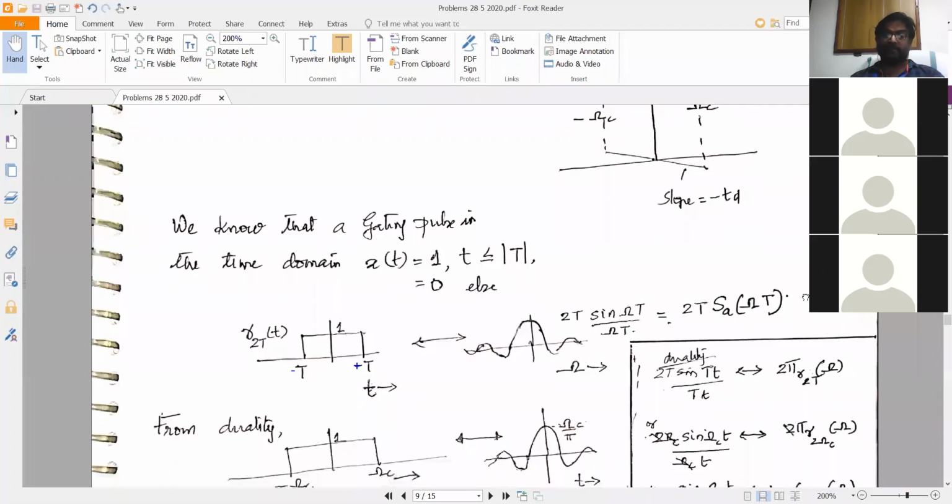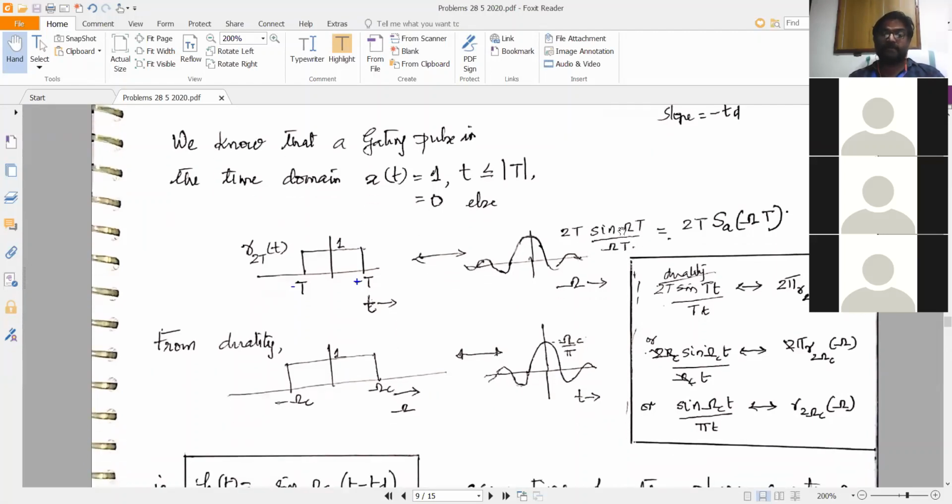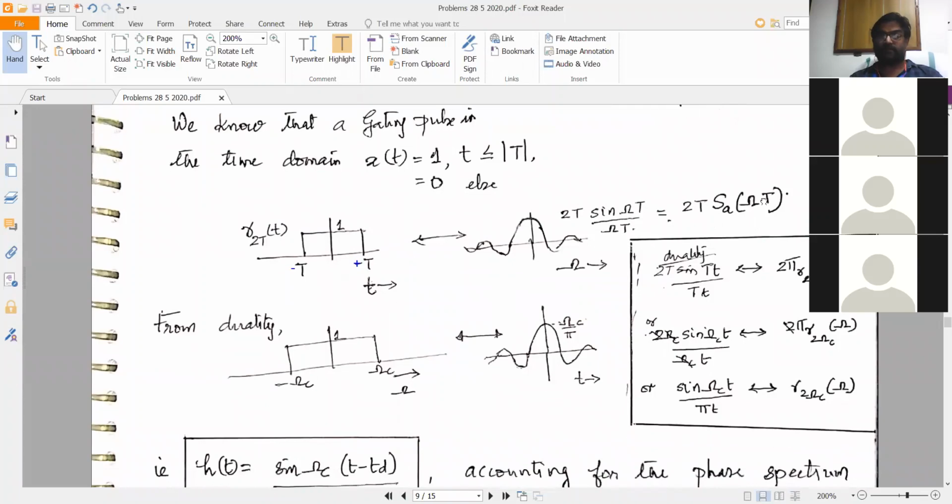Here, the T should be capital T. So 2T sine omega T by omega T, where omega is your frequency domain variable. So this you can write as 2T Sa of omega T.